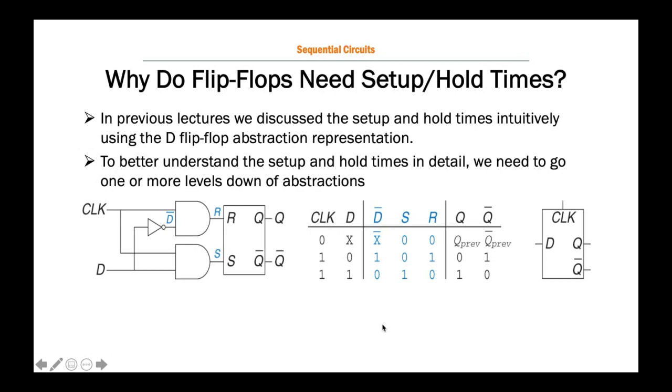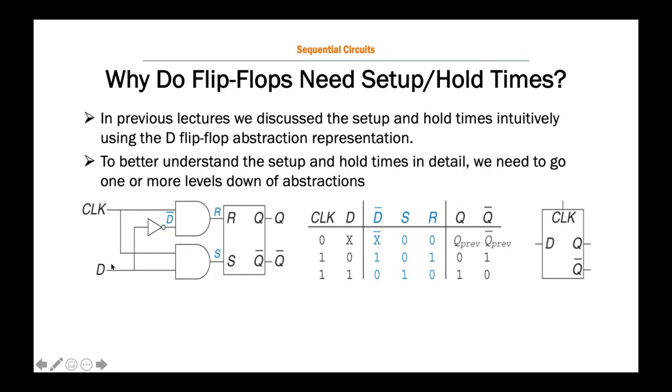When we talked about the D latch, the inverted D value was helping to prevent the undesired behavior, the risk that we could have R and S, set and reset, both at one at the same time.